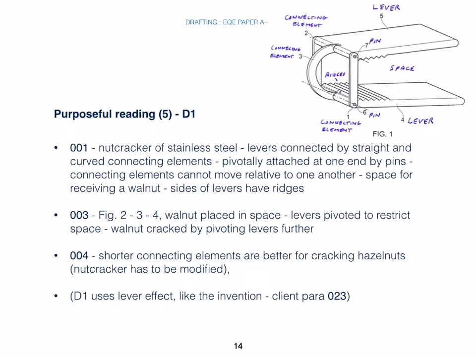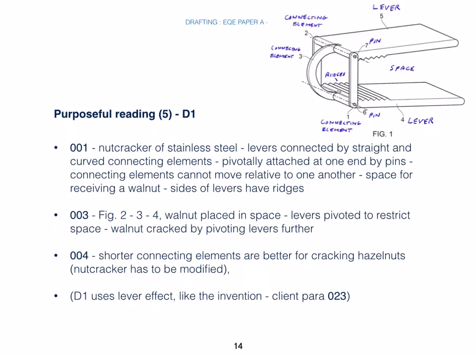The pins 6 and 7 constrain the movement of the connecting elements 1, 2 and 3 so that they cannot move relative to each other. The levers 4 and 5 and the connecting elements 1, 2, and 3 define a space for receiving a walnut. The sides of levers 4 and 5 facing each other have ridges to prevent the walnut from slipping.